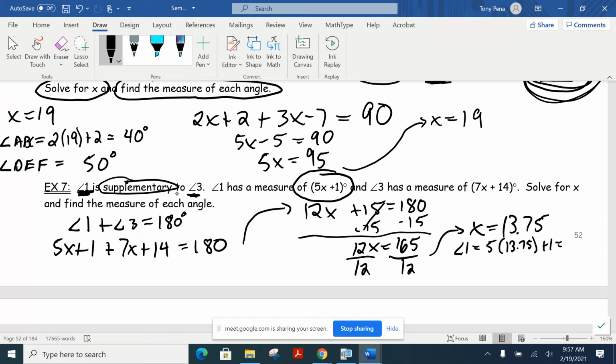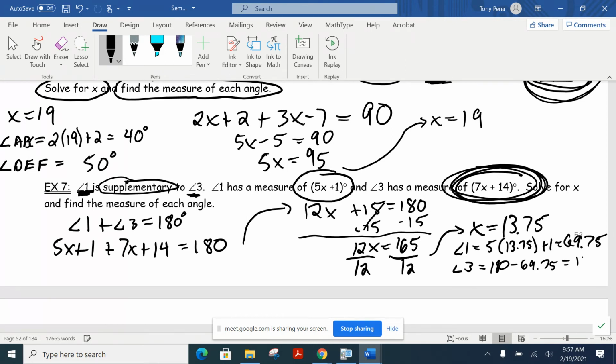Angle 1, 5 times 13.75 plus 1. Okay, thank you. Good. Then now it's probably easier here to just do the 180 minus the 69.75. That's what I would do. You could also just plug it in right here. Either way, doesn't matter. And then what was that? 110.25. Okay, and then those are our two angles.